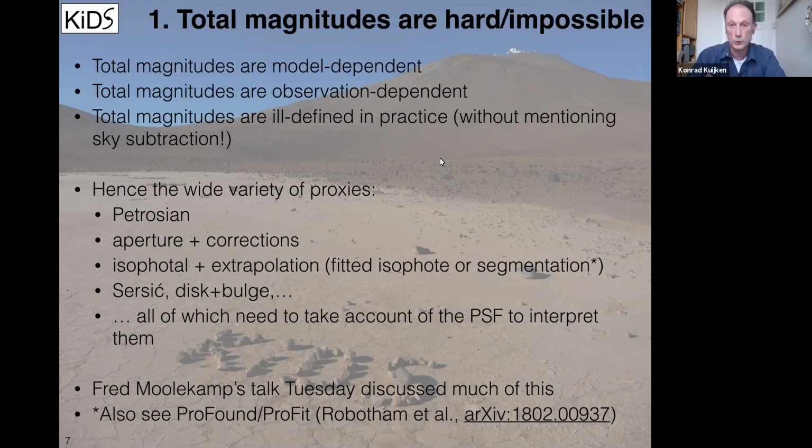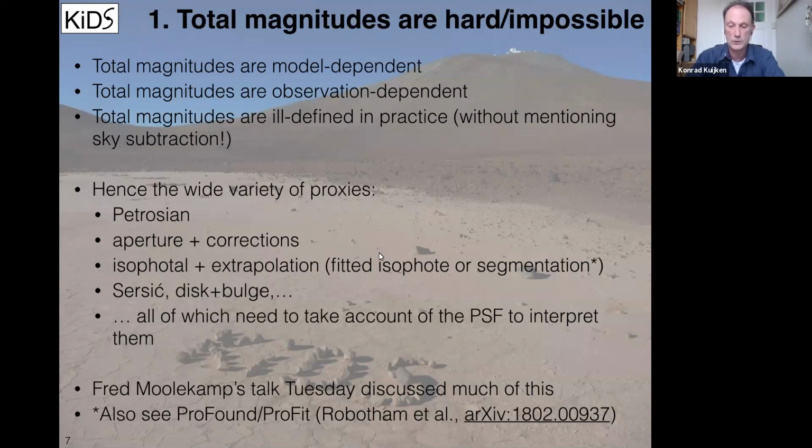And so, of course, we do want magnitudes for galaxies. We do want flux measurements. And so there's a wide variety of proxies that are in use to give some characteristic measurement of the flux of a source. And we're used to many of these: the Petrosian magnitudes from Sloan, the aperture magnitudes with various kinds of correction schemes, isophotal magnitudes where you try to extrapolate what happens outside the isophotes.